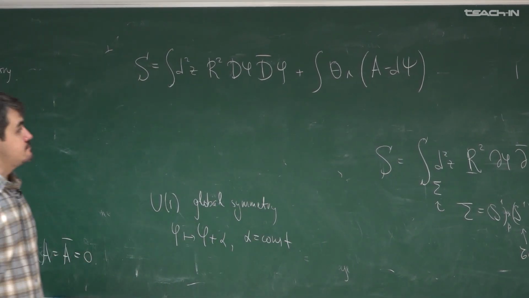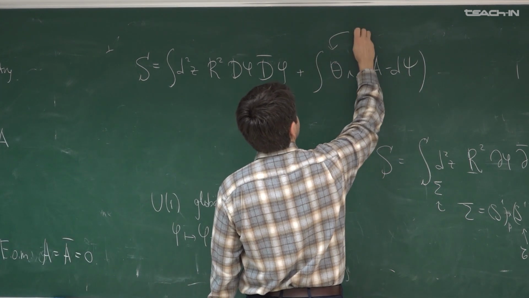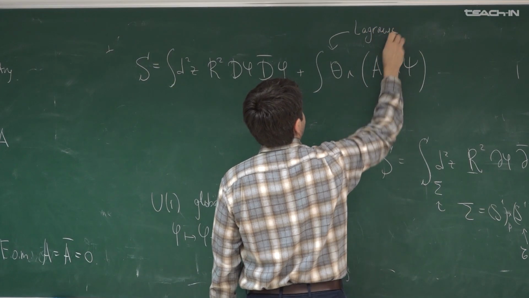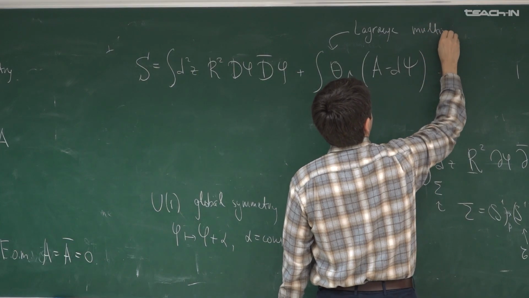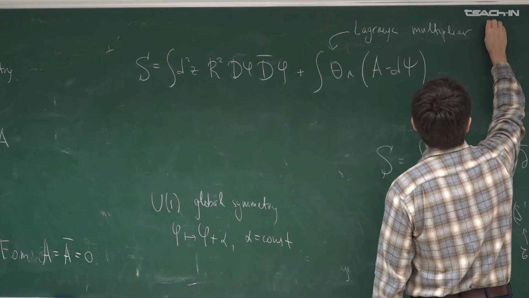Right, so here I've introduced some Lagrange multiplier. Multiplier one form. So in this case, this is a one form.